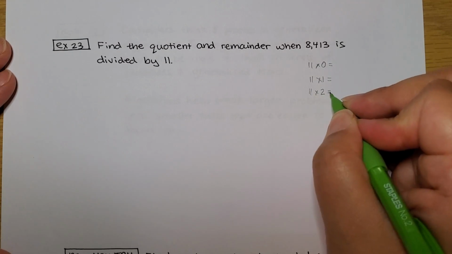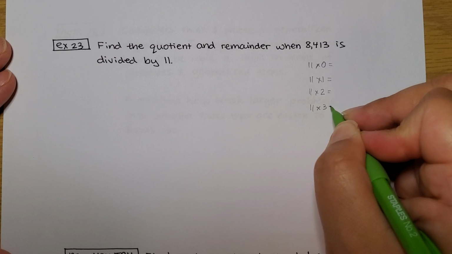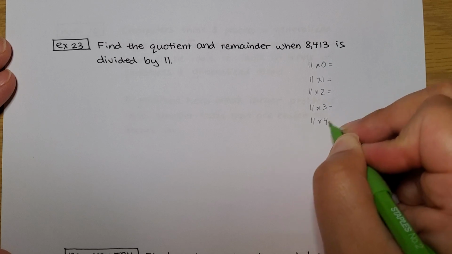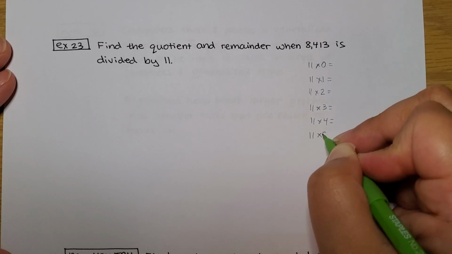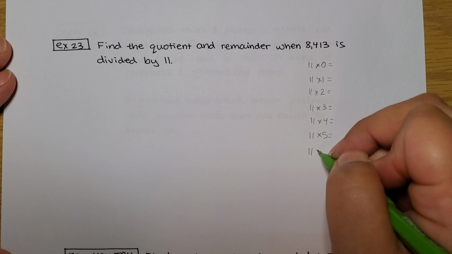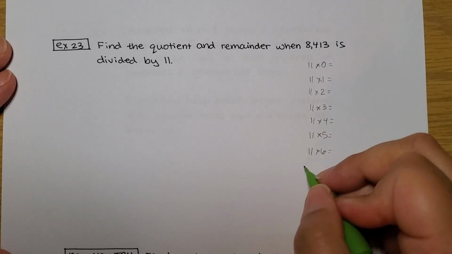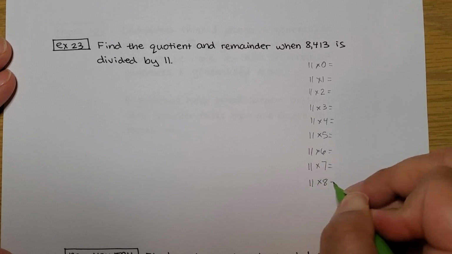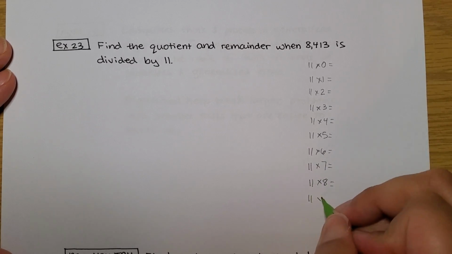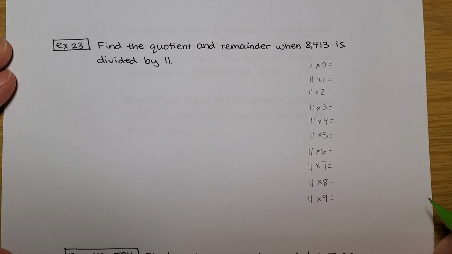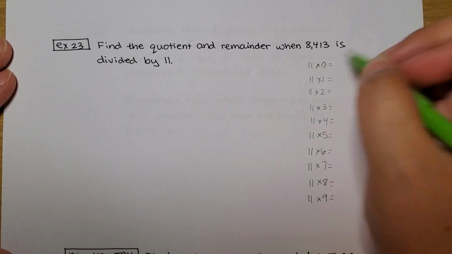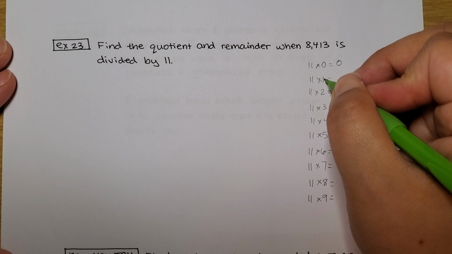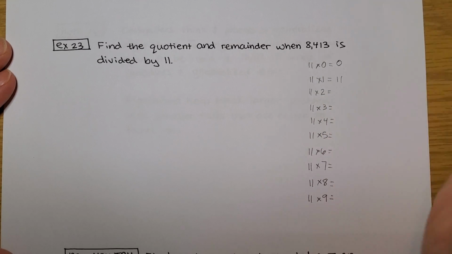So 2, 3, 4, 5, 6, 7, 8, 9. And I know anything times 0 is 0, and anything times 1 is itself.